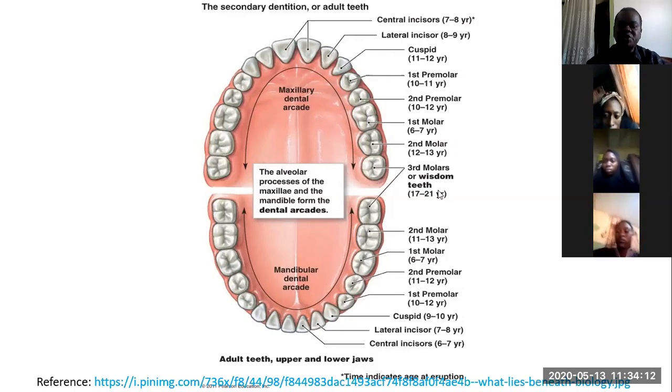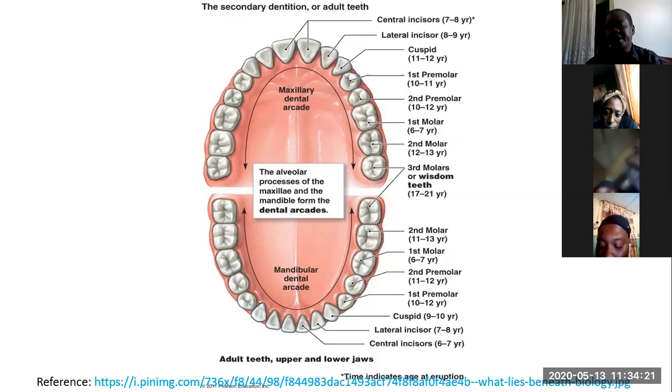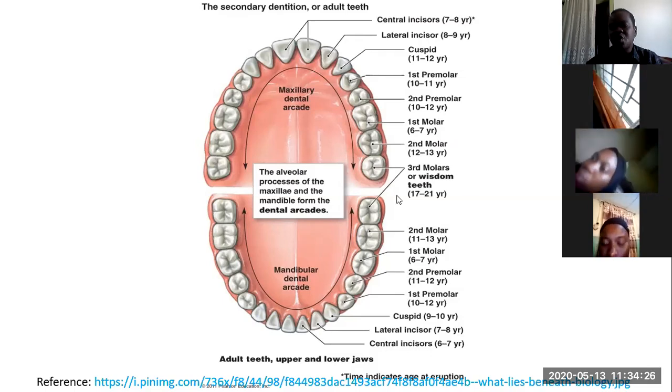Now, then we have the third molar. This third molar does not grow so fast. I can tell you as a matter of fact that in some people, it gets to 22, 23 before it comes out, and it used to cause pains and inconveniences.